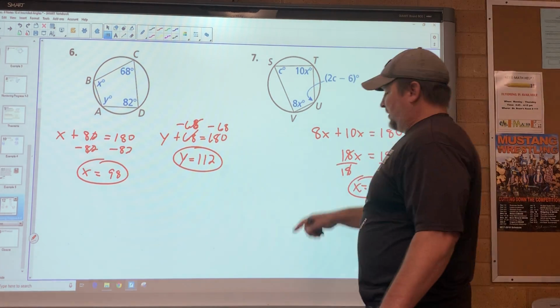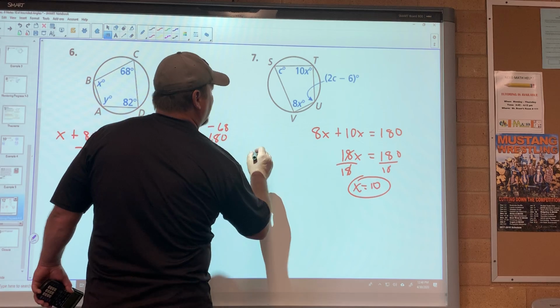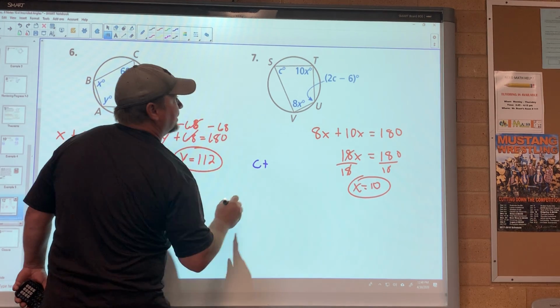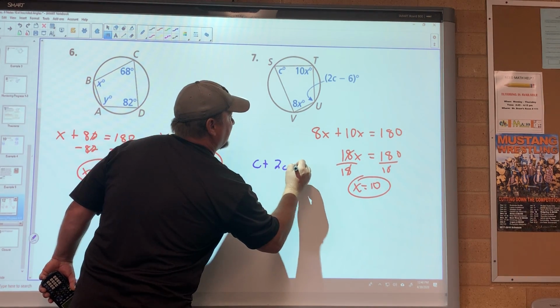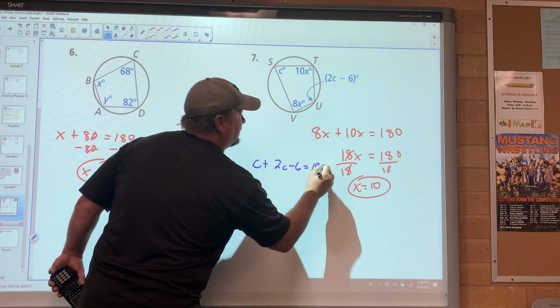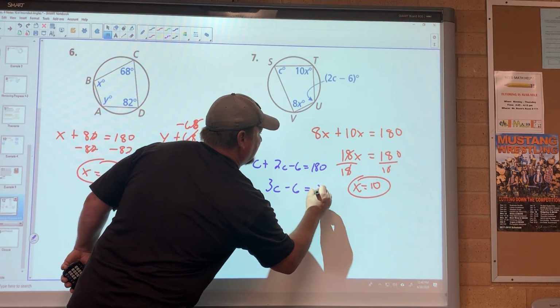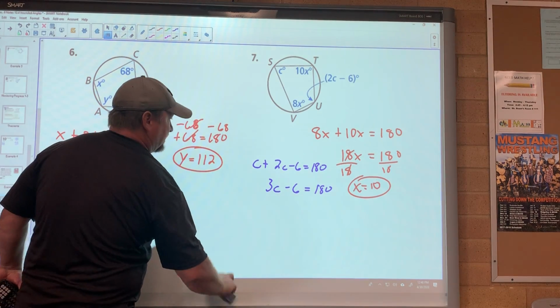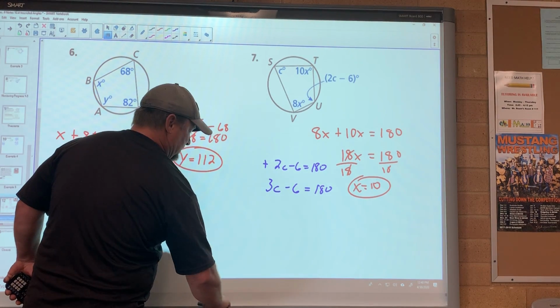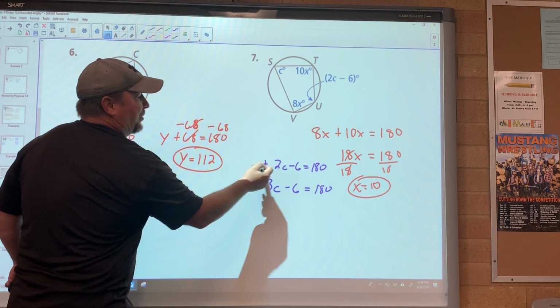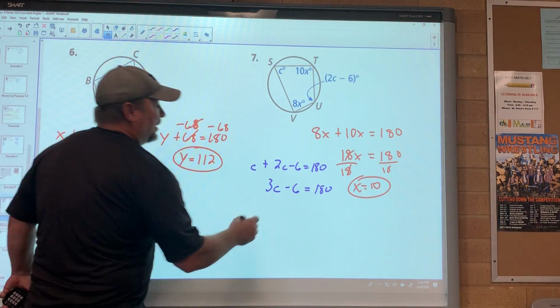And then we'll set up the other one. It'll be c plus 2c minus 6 equals 180. It's going to be 3c minus 6 equals 180. And I really should have written this a little better so that they both look the same. Okay. Now we'll add 6.